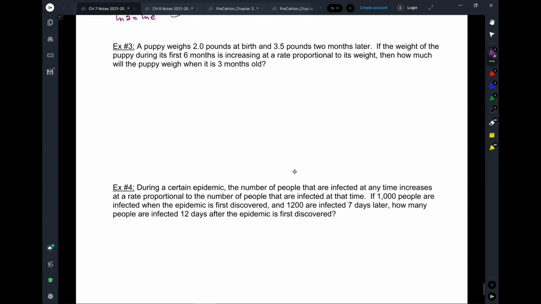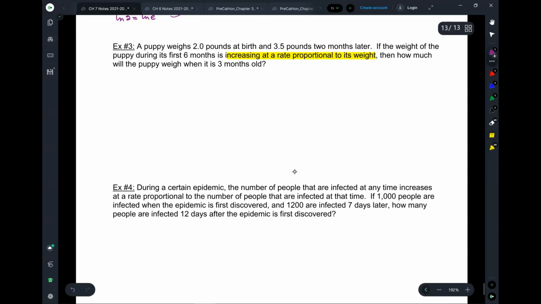So, if the weight of the puppy during the first 6 months is increasing at a rate proportional to its weight, that's the magic phrase, then how much will the puppy weigh when it is 3 months old? Right. The weight is increasing, so the rate of change of the weight is proportional to how much it currently weighs.